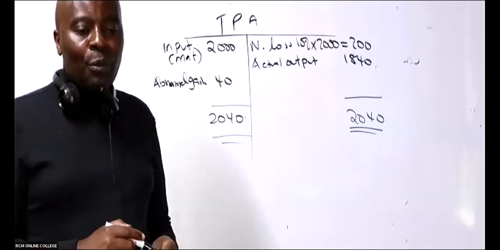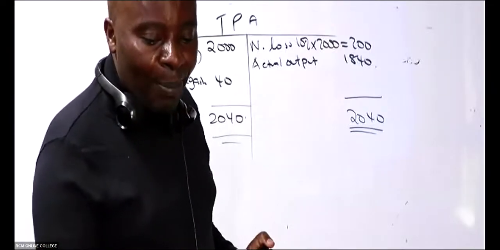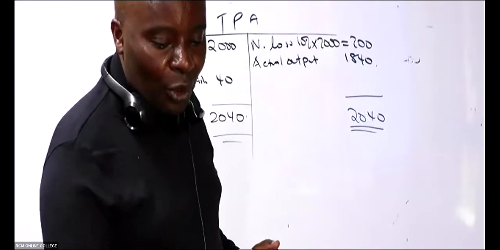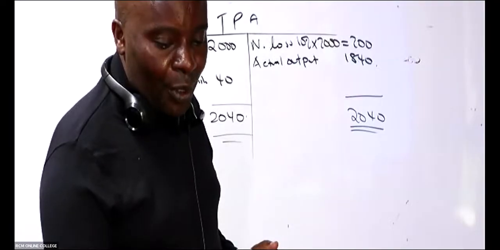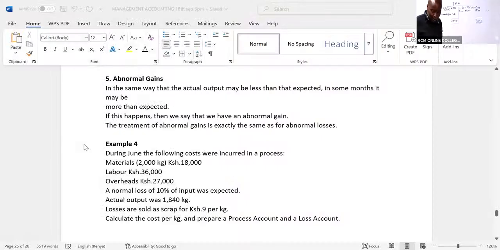Then after that, we should be able to go ahead and do a process account. Very easy, easy peasy. So we have a throughput account that is over.